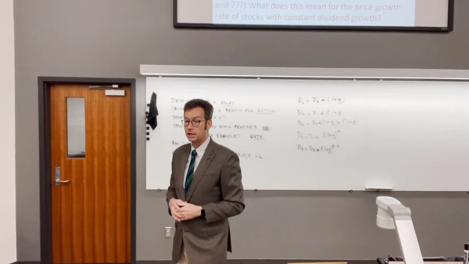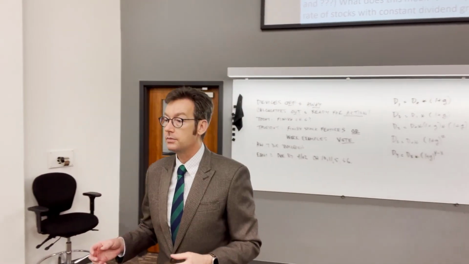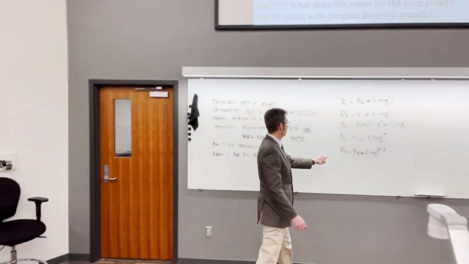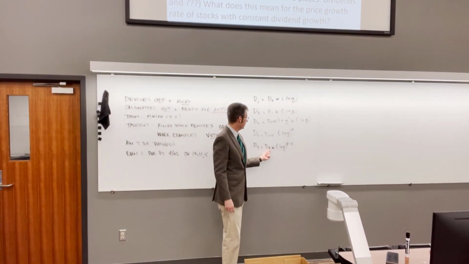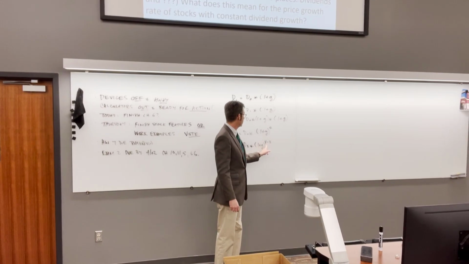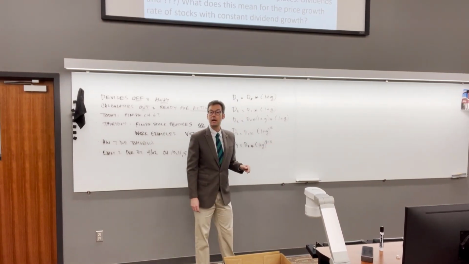Now, I tell you this because a lot of times, maybe I'll ask you for the dividend in year 7. Do you really want to figure out D1 and then figure out D2 and then figure out D3? No, you're going to massacre yourself on an exam doing that. So what you would do is say that D7 is equal to D0 times 1 plus G to the 7 minus 0, or the 7th power.